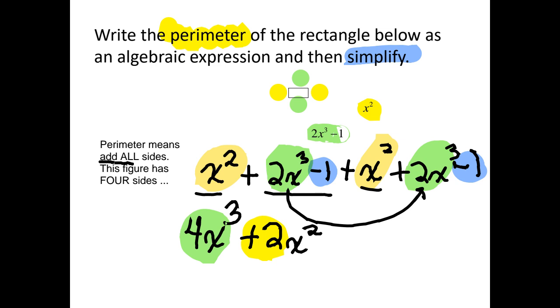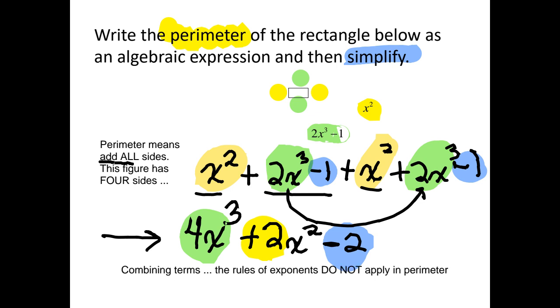And then I have the blue ones. The blue ones are going back here. A negative 1 and a negative 1 give me a negative 2. This is my answer. I am combining terms. The rules of exponents do not apply in perimeter. Okay?